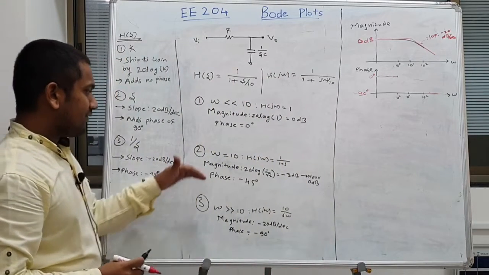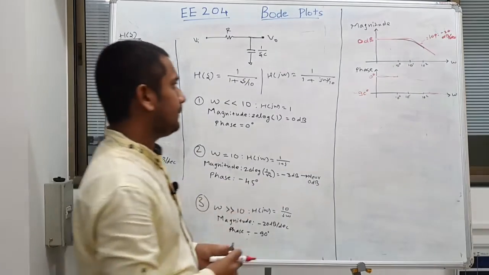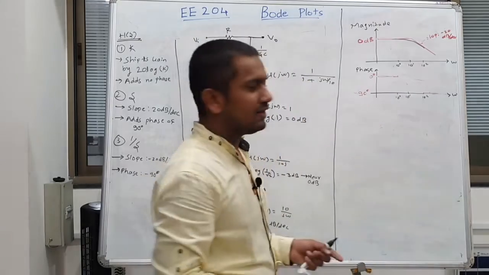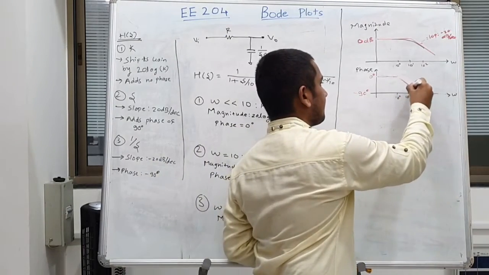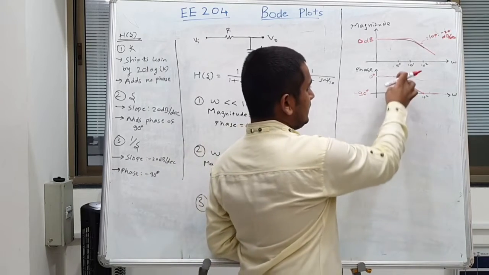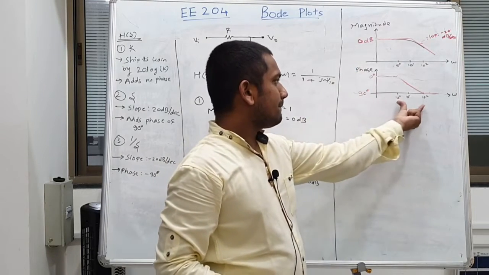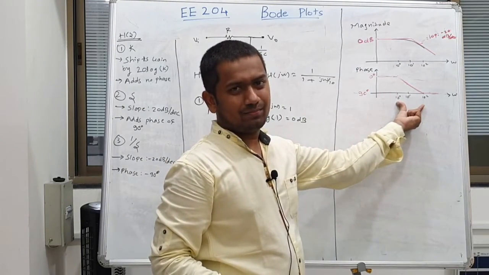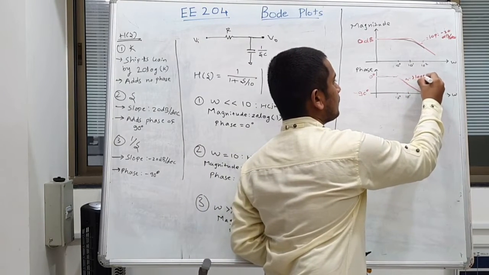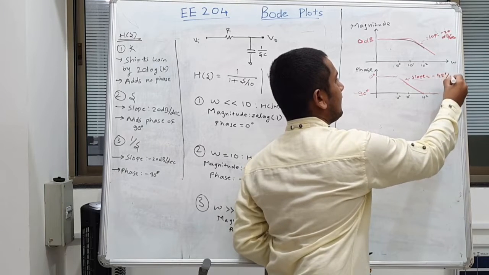Now look at the phase when we are at the pole location, that is minus 45 degree. If we join these three dots, we can say that this phase has dropped by 90 degree in 2 decades, meaning this has a slope of minus 45 degree per decade.